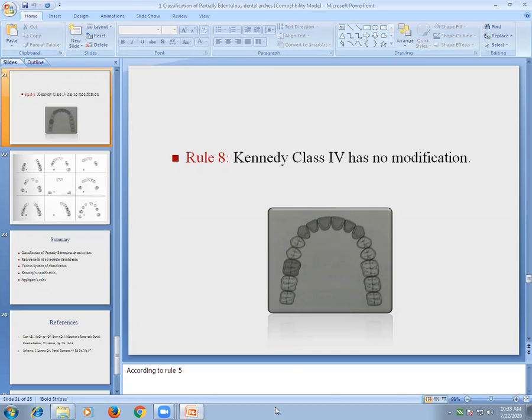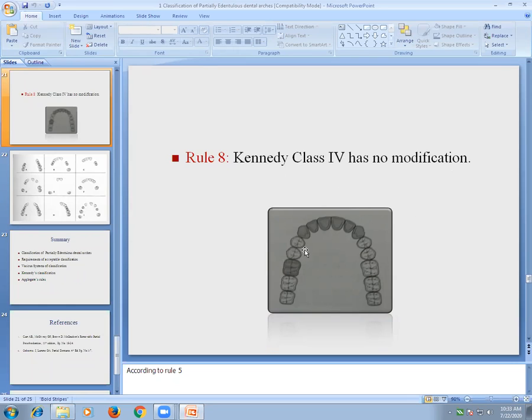As we know, class 4 is a single but bilateral edentulous area present anteriorly, with teeth present posterior to it. But as we have seen in rule number 5, the most posterior edentulous area determines the classification. In Kennedy's class 4, that's why there is no modification.